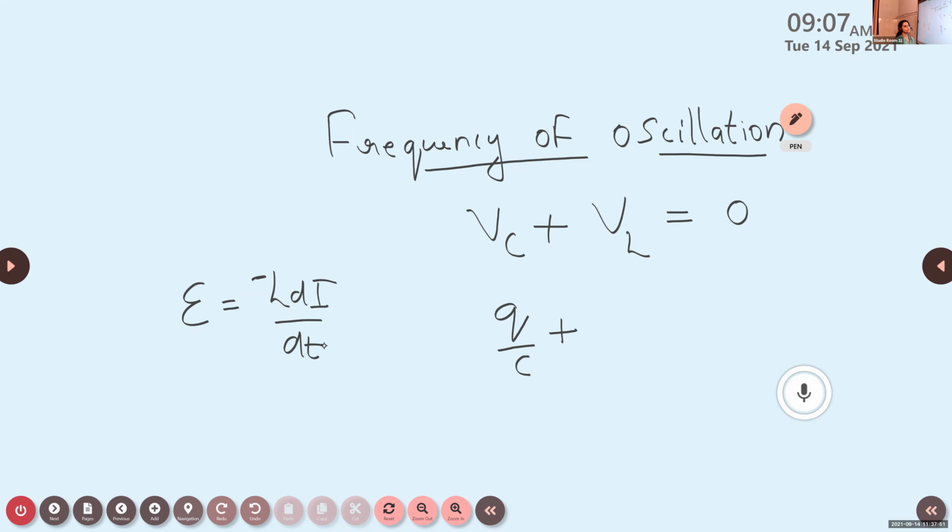But here we don't need to consider the negative sign because it indicates the direction. We just consider V instead of E: VL is equal to L into di by dt. So it becomes Q by C plus L di by dt is equal to 0.